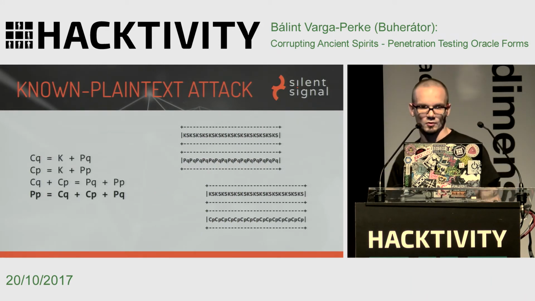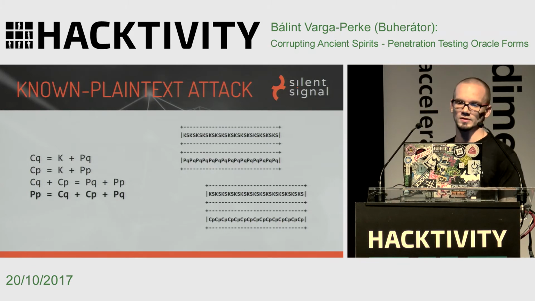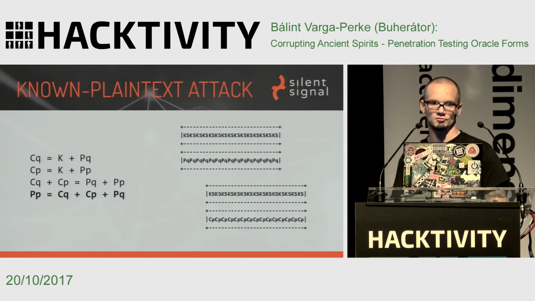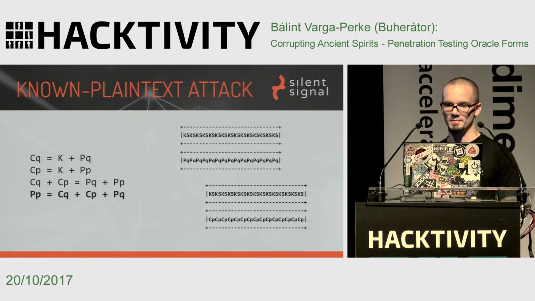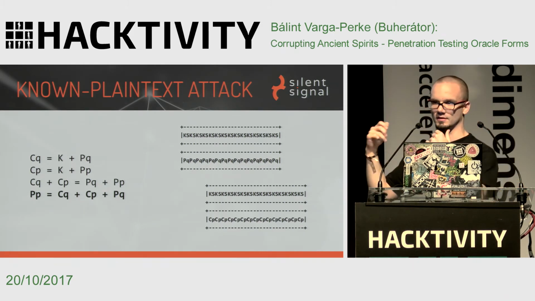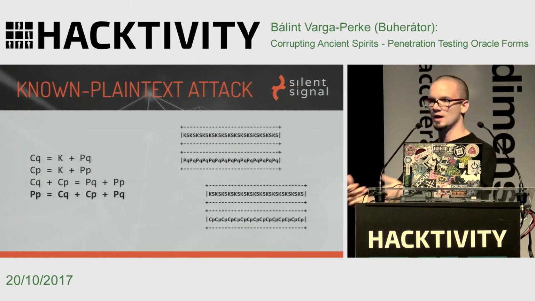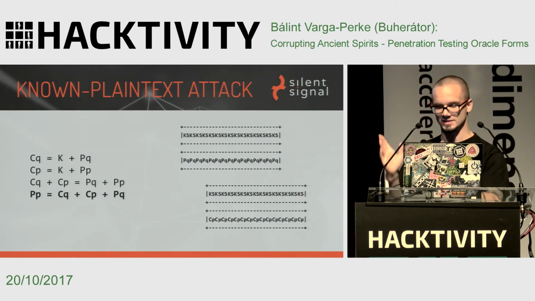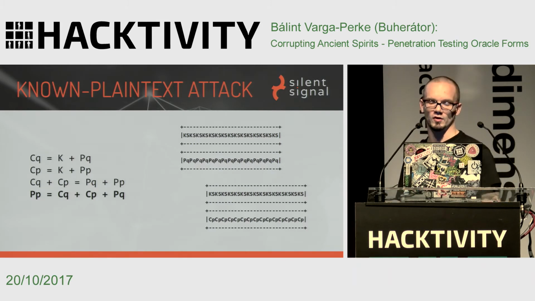So if you read the news, then you'll know that using the same key stream twice is a bad idea because you can basically just XOR things together to get the plaintext of a previously unknown piece of stream. What you need to know for this is part of one of the plaintexts, so it's a known plaintext attack.